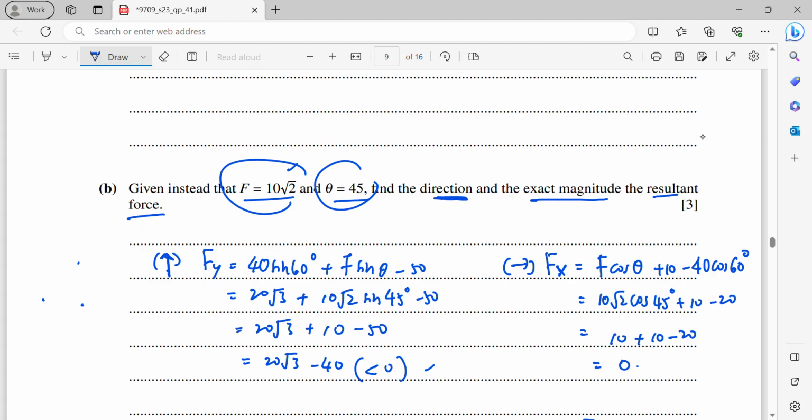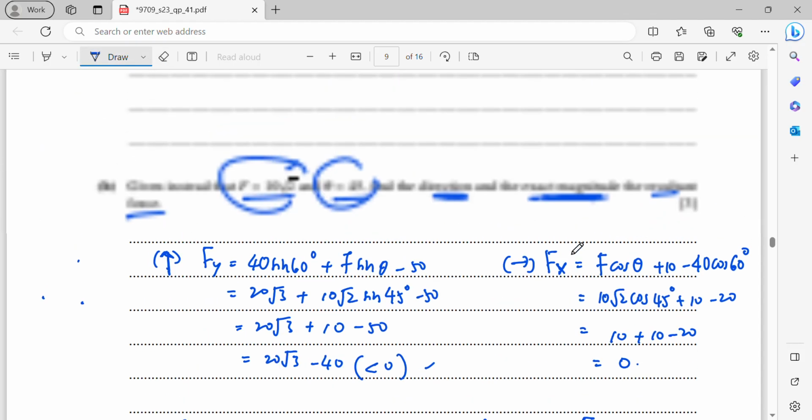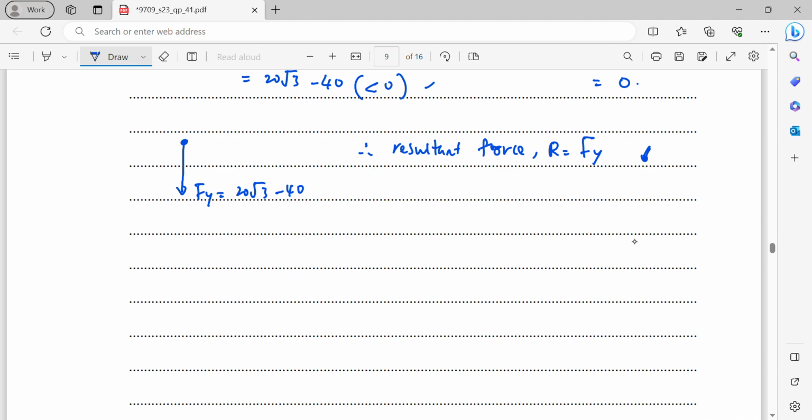Okay, you need to find the direction and exact magnitude. Since this is a negative value, the magnitude of R is going to be the magnitude of 20 square root 3 minus 40, which is 40 minus 20 square root 3 Newton.